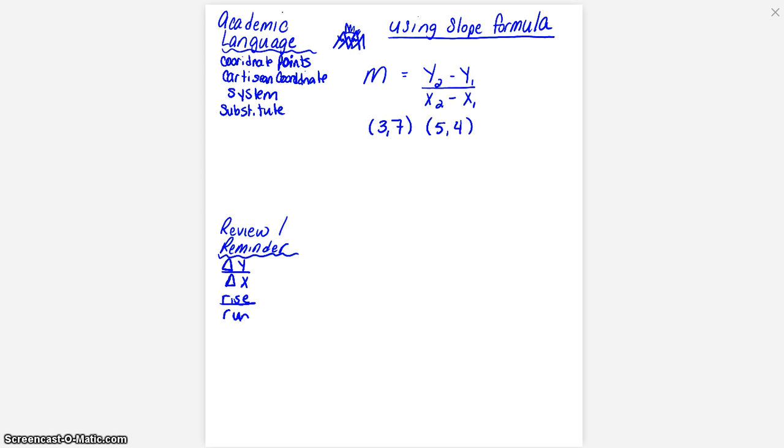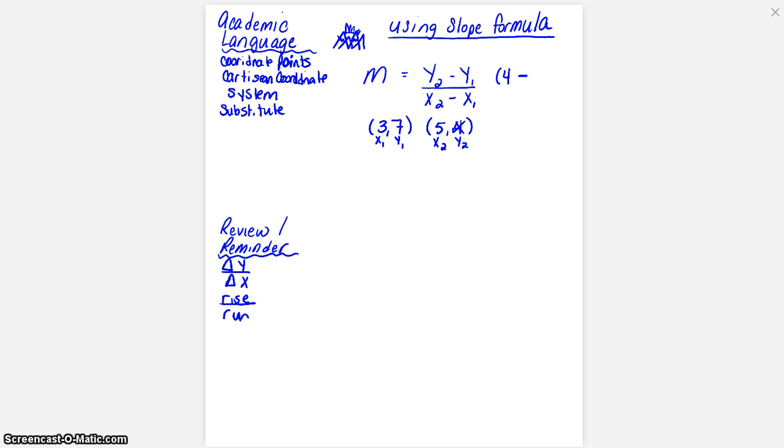to our slope formula. So let's call this, since this is the first one I wrote down, x1, y1. And then since this is the second one I wrote down, x2, y2. And let's go ahead and substitute those in. So it says y2 comes first, so that's going to be 4, right?